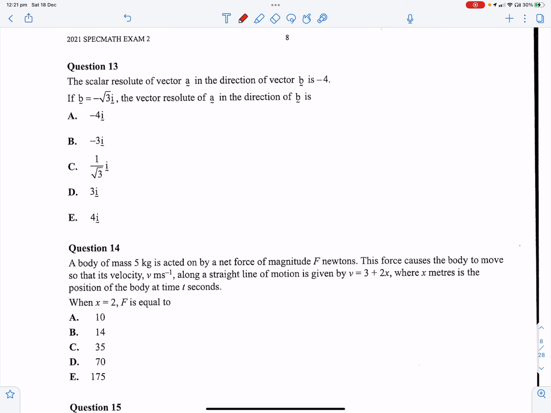Scalar result of A in the direction of B is negative 4. So A dot B hat is negative 4.